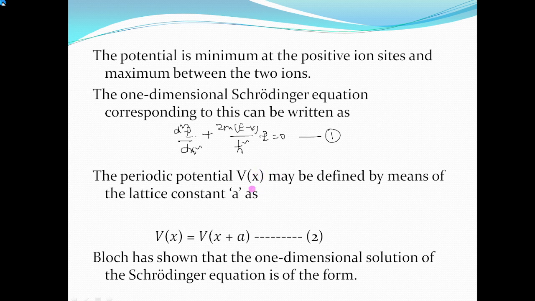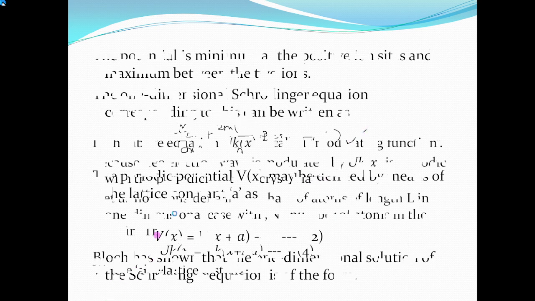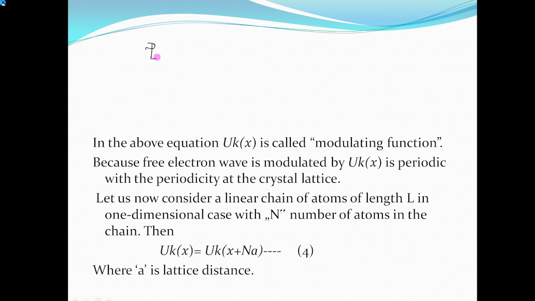Now the electron is moving in a periodic potential, so V of x can be written as V of x plus A. According to Bloch theorem, the solution of this Schrodinger wave equation can be written as psi k x is equal to e power ikx u k x.